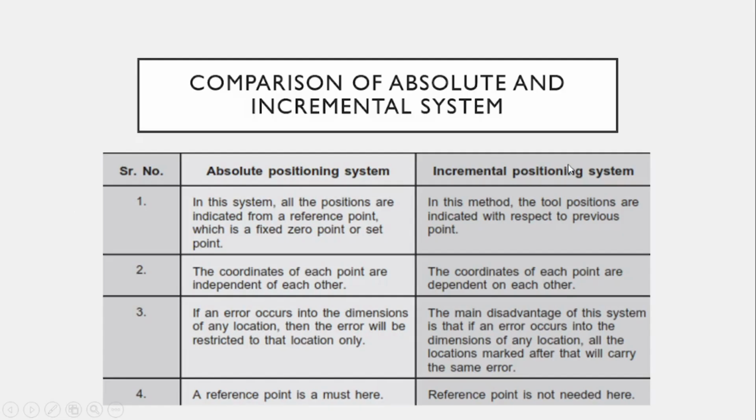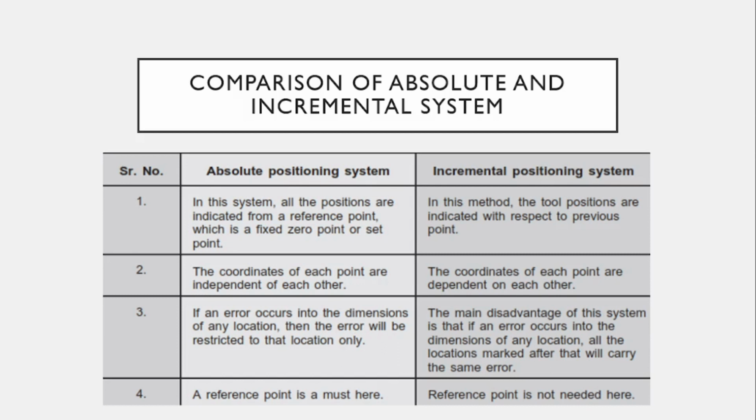Okay, now we are going to compare the absolute system and incremental system. In the absolute positioning system, all the positions are indicated from a reference point, which is a fixed zero point or set point. But in the incremental system, the tool positions are indicated with respect to the previous point.